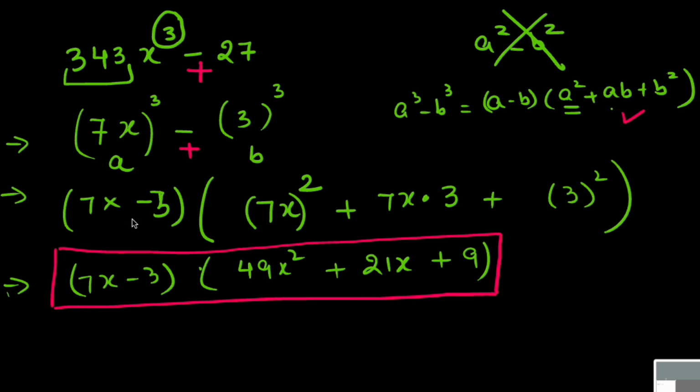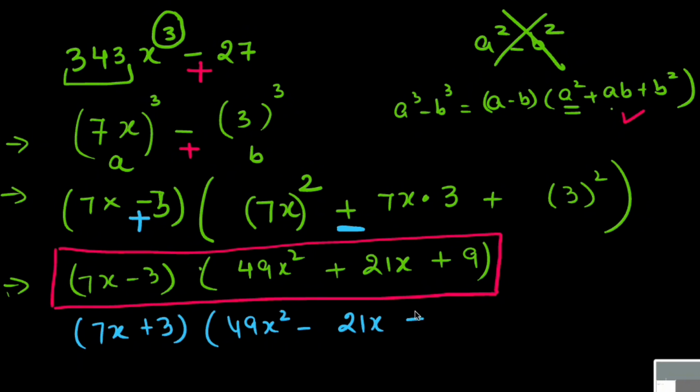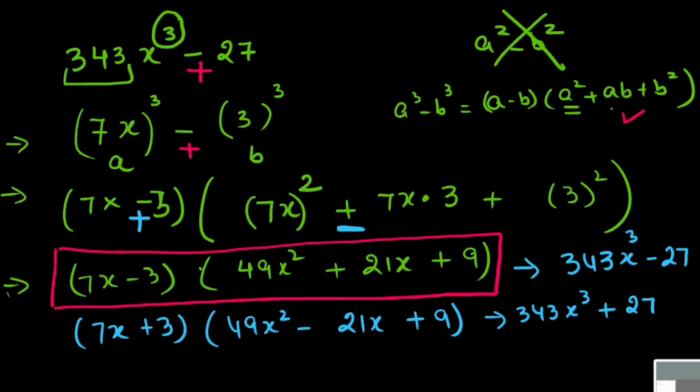I will simply change the sign of first parenthesis to plus, the middle term to minus, and the last term will stay the same. So your final answer would become 7x plus 3, 49x squared minus 21x plus 9. There will not be any other change. So this is 343x cube minus 27, and this is 343x cube plus 27.